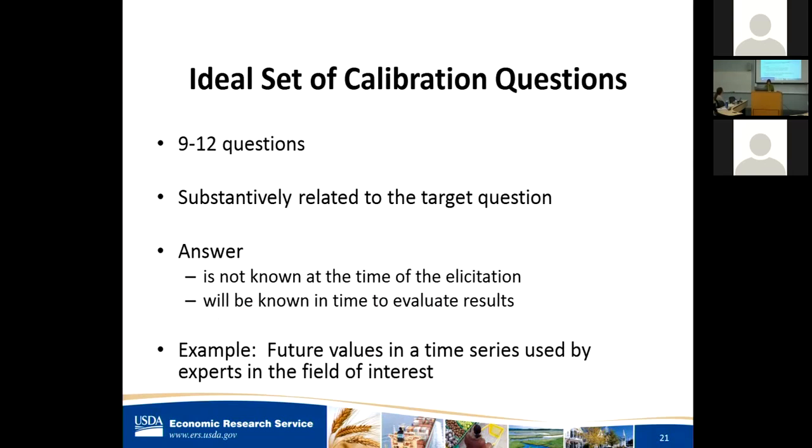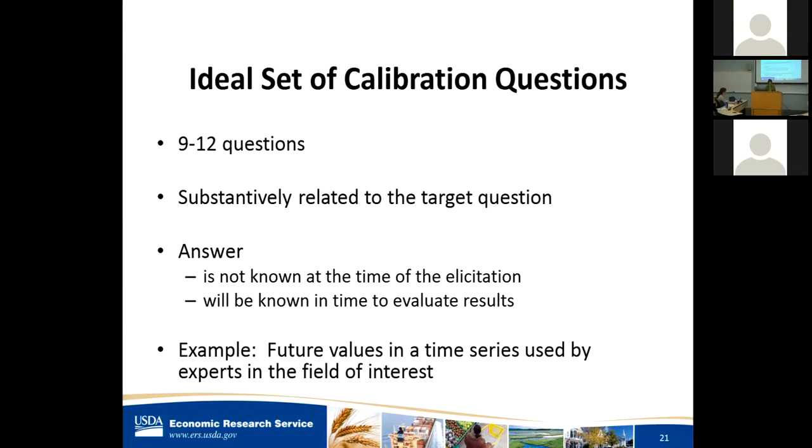The calibration questions are a set of questions that are substantively related to what you're interested in, because you want experts to feel comfortable. This is their area of expertise and they're comfortable with the questions. But we're not interested in knowing whether they know the answer to this as much as we are in whether this can reveal something about the tendencies they have in how they respond to decisions under uncertainty. So it's important that the answers aren't known at the time they're answered.